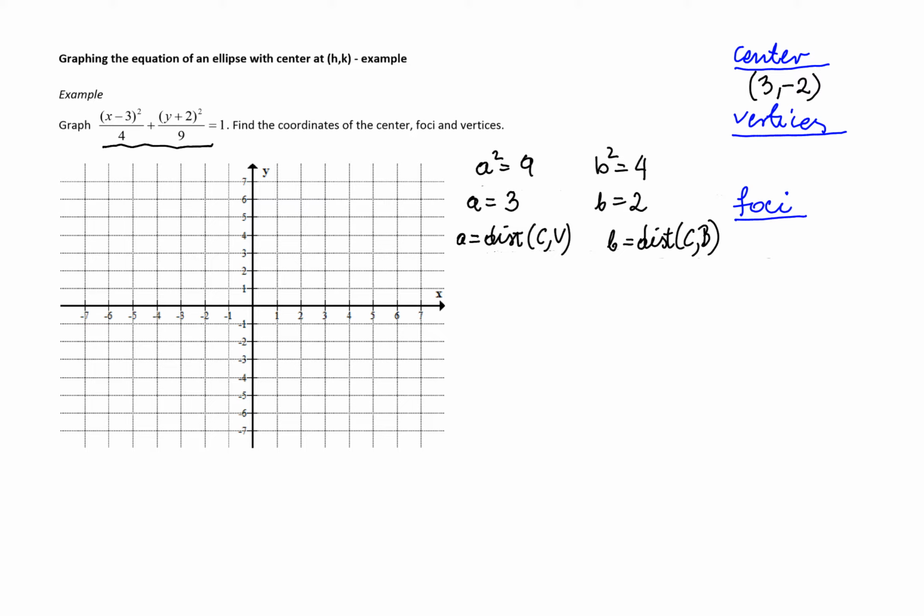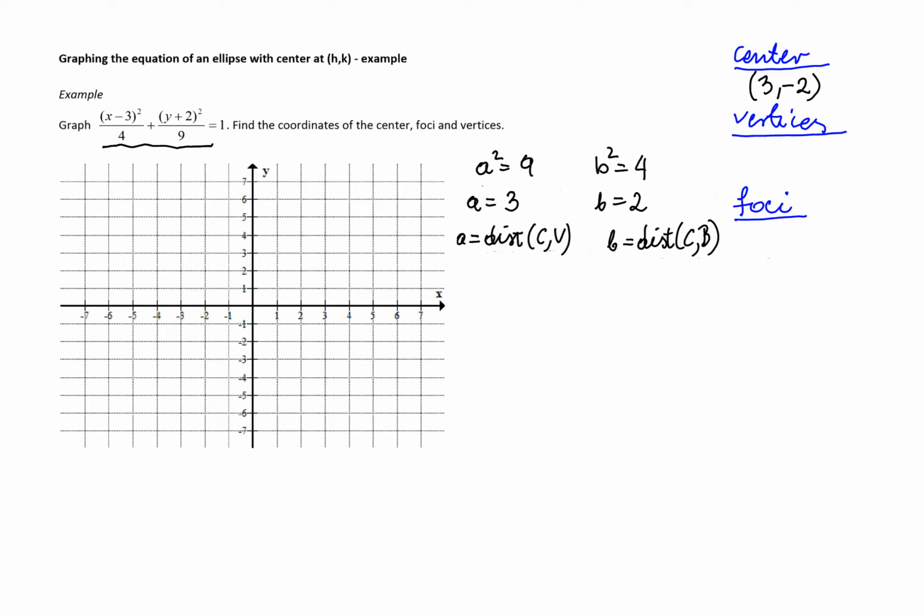Also, a squared in the equation appears together with the y variable, and therefore this tells us that the major axis is the line parallel to the y-axis.